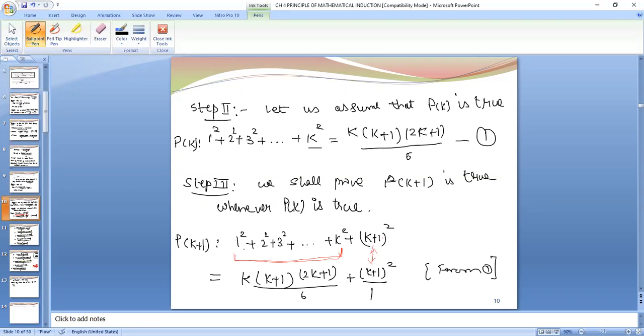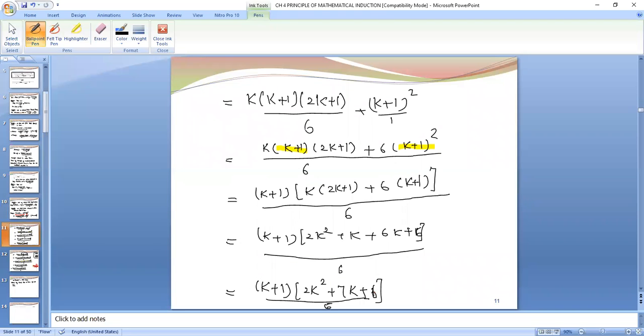Pk plus 1 is 1 square plus 2 square plus 3 square plus up to k square plus k plus 1 whole square. Put this value from Pk because we have assumed that the result is true. So it is k into k plus 1 into 2k plus 1 upon 6 plus k plus 1 whole square. Then take the LCM. 6 is the LCM.